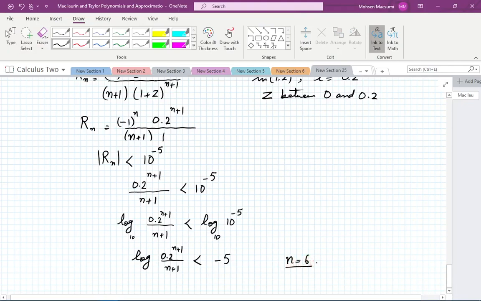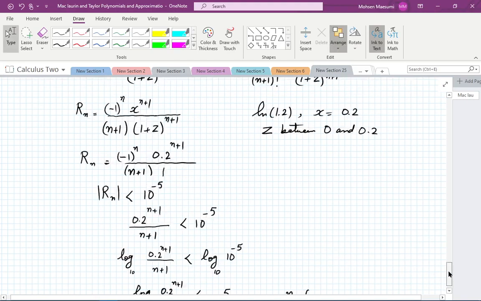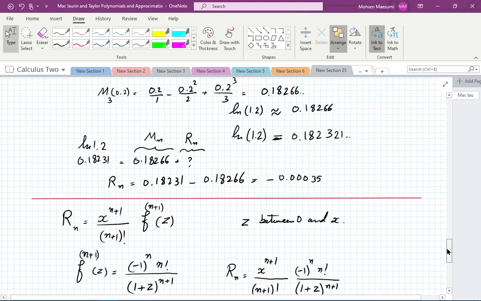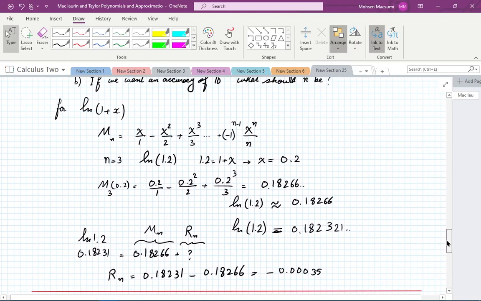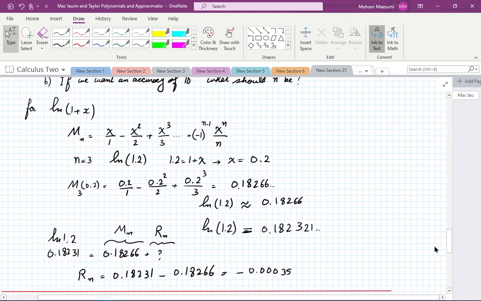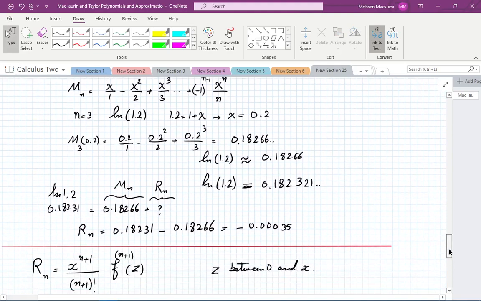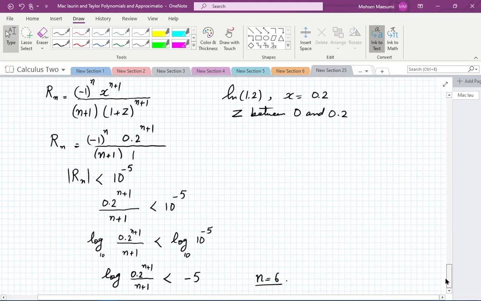When we first started with just n equal to 3, we said that the error starts in the 4th decimal place. Now we wanted the error to be less than 10 to the power of -5, and the cost was that we had to go to the 6th term.